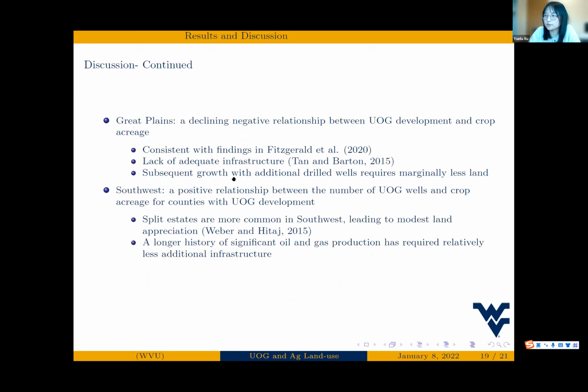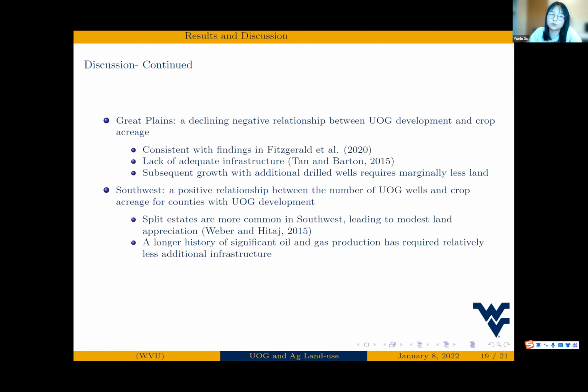The results for Southwest are different from other regions. We find a positive relationship between the number of active UOG wells and the crop acreage. And 2 factors may help explain why the results for Southwest differ from other regions. First, compared with Appalachia, split estates, where different parties own surface and underground mineral rights, are more common in Southwest.